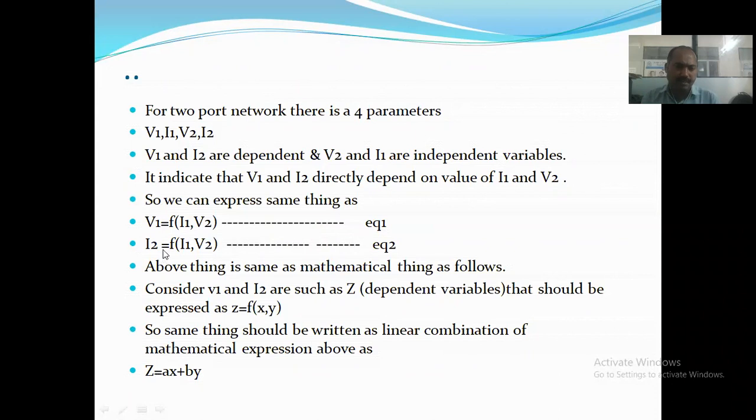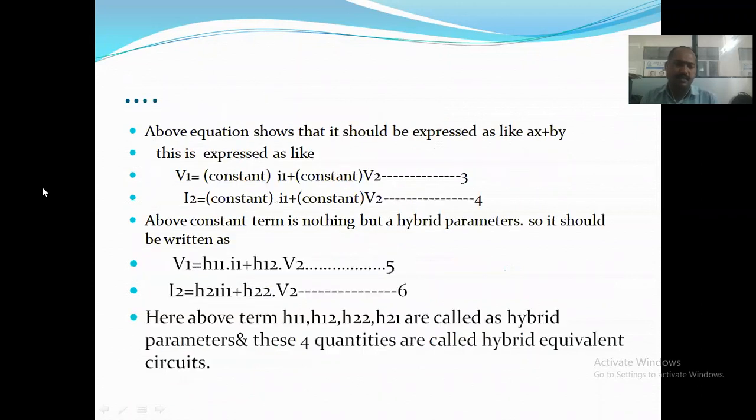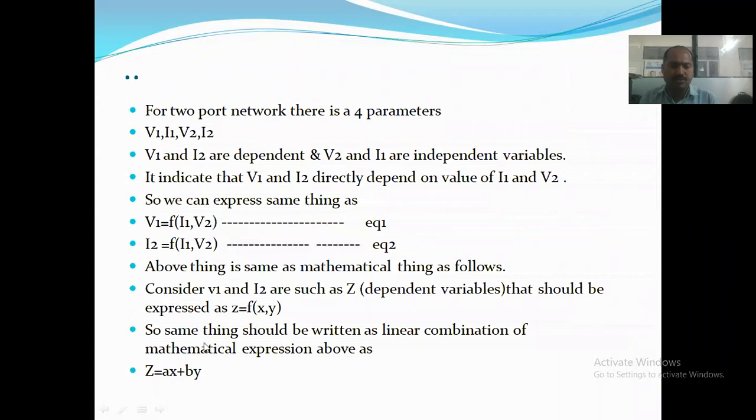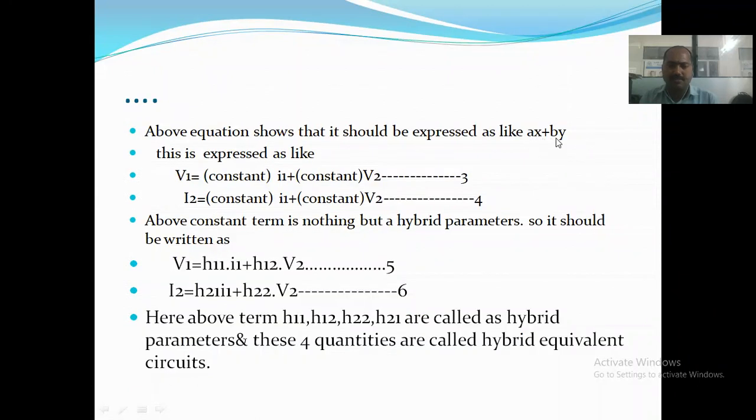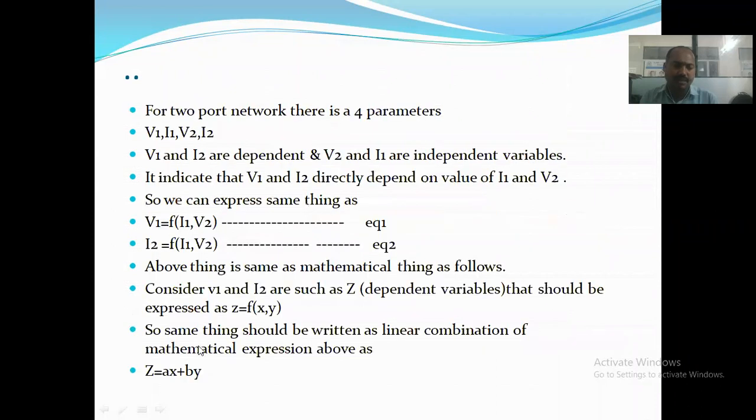So in this term Z is equal to AX plus BY, Z is considered as phi1. A is a constant term into the X variable, plus B is a constant term into the Y variable. So the above equation shows that whatever equation comes across here should be expressed in the form of AX plus BY, right? A is nothing but a constant.